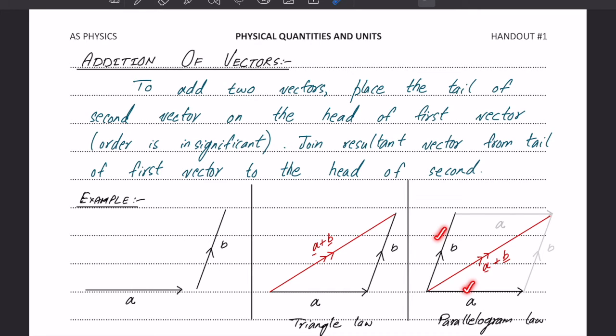But in many situations, you have to add two vectors which are originally having their tails together. Many a times you'd come across this kind of a situation. So if you have to add two vectors whose tails are together with each other, then to find out the resultant of such two vectors, you have a choice. Either you draw a triangle again, that is, you draw A again and B again and then complete a triangle, so that you do have that choice.